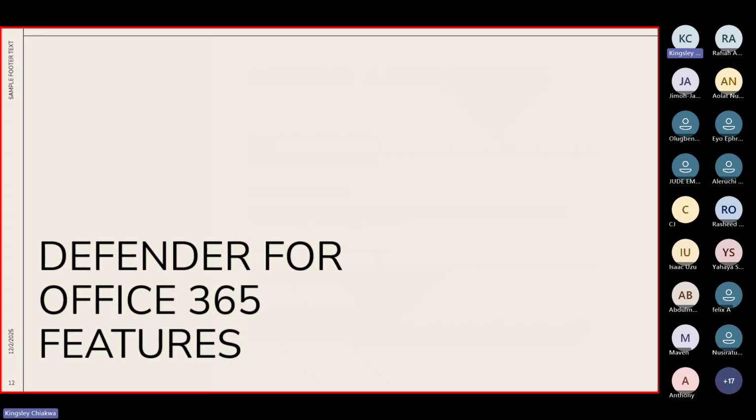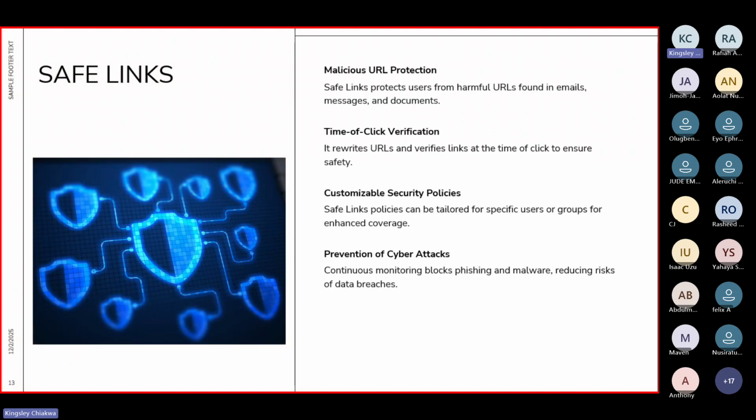Defender for Office 365 features, safe links. Okay, so this is now moving on to Defender for Office 365, right? Like I mentioned before, this is all about email protection. Defender for Office 365 is majorly about email protection and how emails are protected.